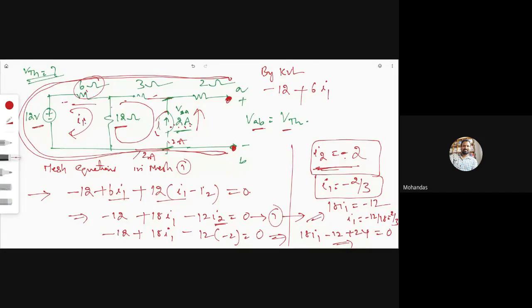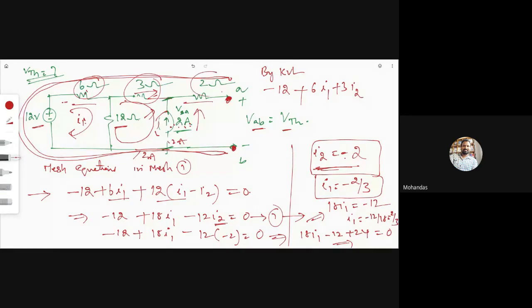Next, 3 into which current is flowing through the 3 ohm resistor, I1 or I2? That 3 ohm resistor is related to the second mesh, so we have to write plus 3 into I2.